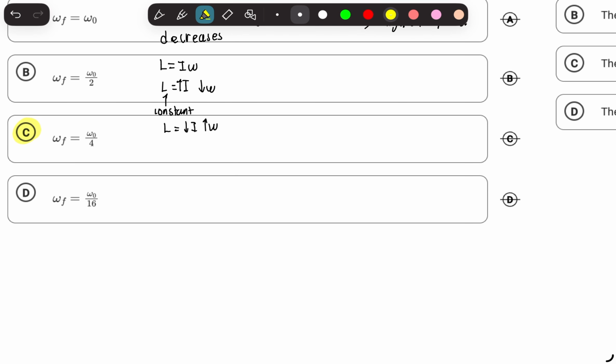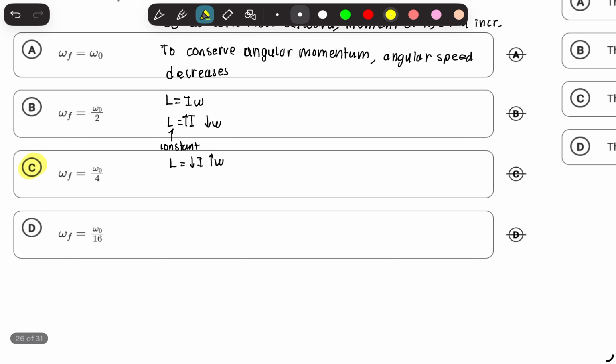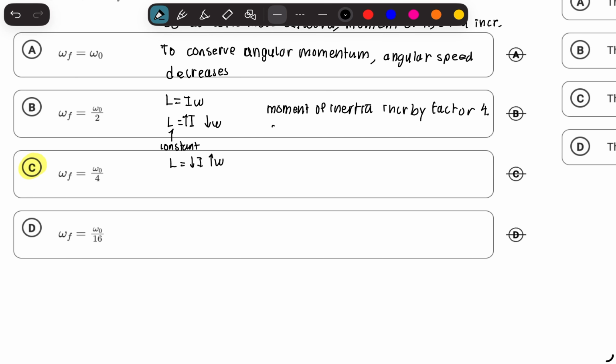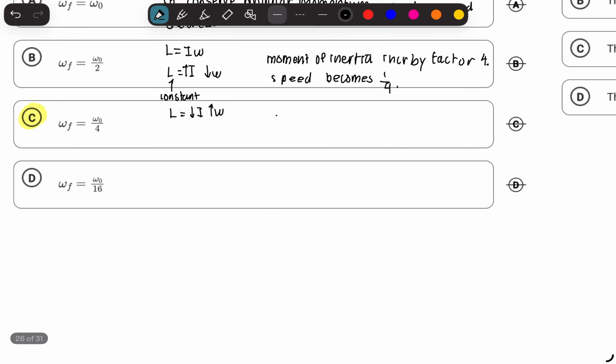That's going to be option C. Here I_F is 4 I initial. So that's why omega F is omega initial over 4.